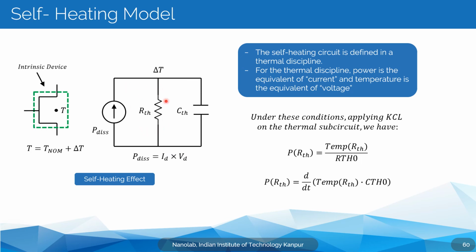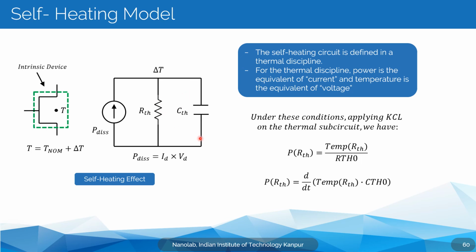In the model, this resistor RTH is defined by a parameter RTH0. So RTH0 defines the value of RTH, and CTH0 defines the value of the capacitive part of this network.